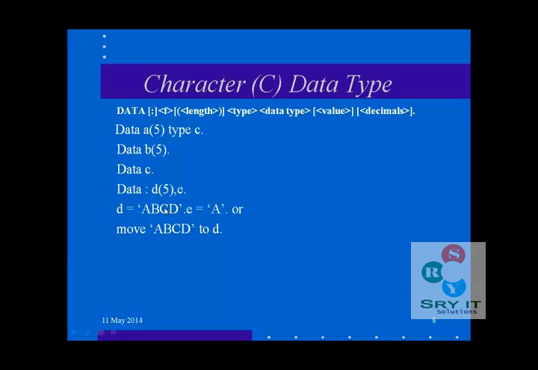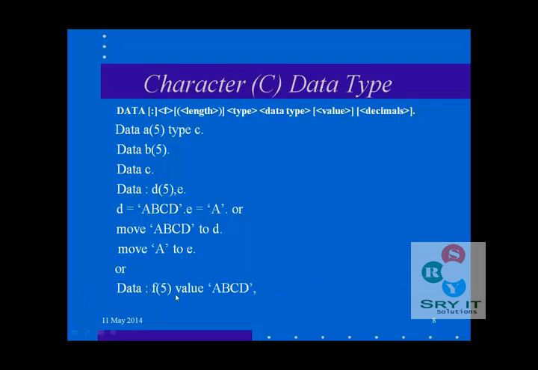You can use it like this, or you can use MOVE, or another one, MOVE A to E. So this value is assigned to E. These are the two ways, this is one way and this is another way. And one more way is there, we'll see that now.